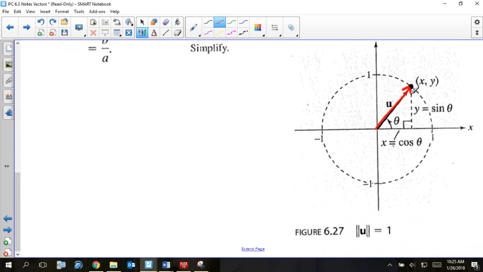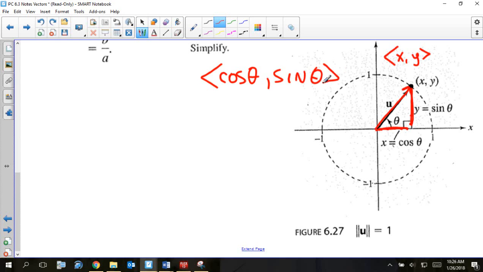On the circle, that's the ordered pair x, y, but we also know that x is the cosine and y is the sine of the triangle. So we could also write that ordered pair as cosine theta, sine theta. The component form of that vector is the change in x, change in y, x, y. But we could also write it as that for the component form.